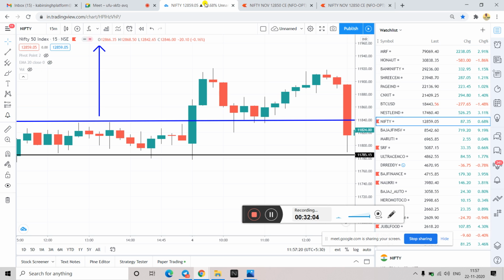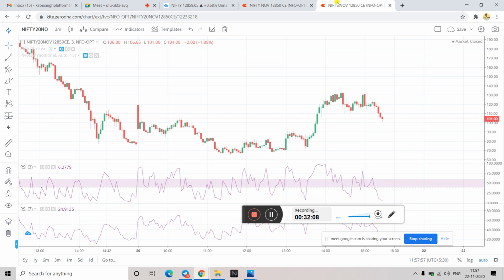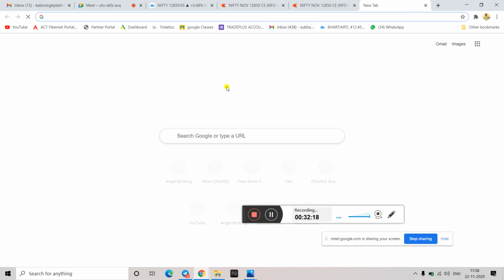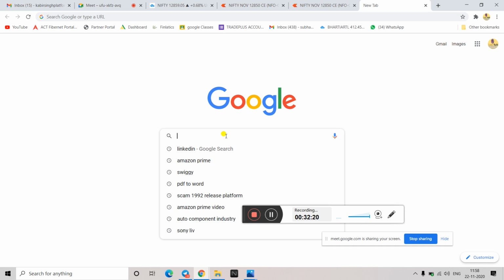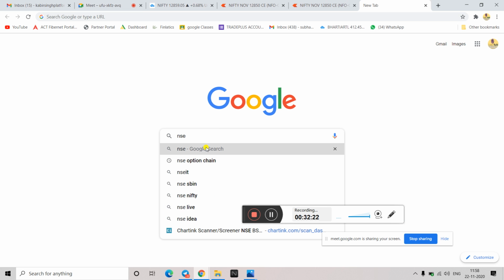After that there is one more thing. This strategy you cannot always apply. You have to understand the market direction, in which direction the market is going. For that purpose, we go to the NSE website.